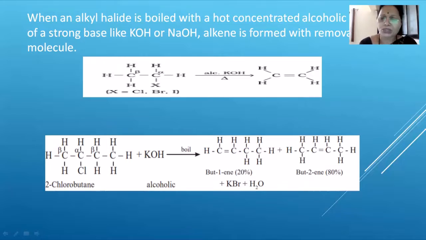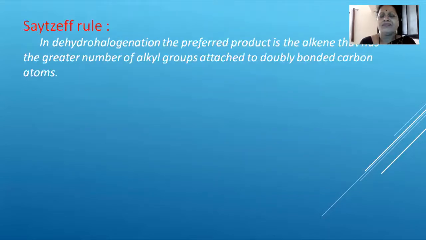Now here the proportion of products is: but-1-ene is 20%, while but-2-ene is 80%. So here the major product is but-2-ene, and it is explained by Saytzeff rule.